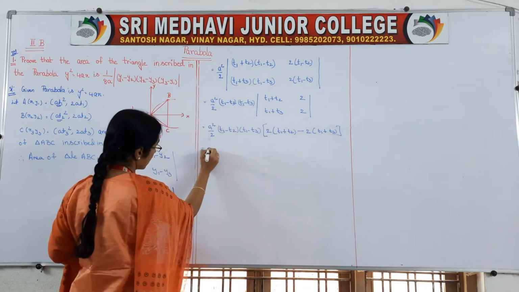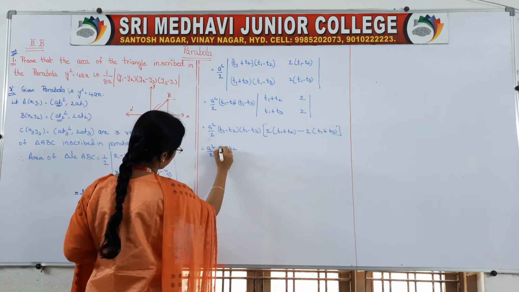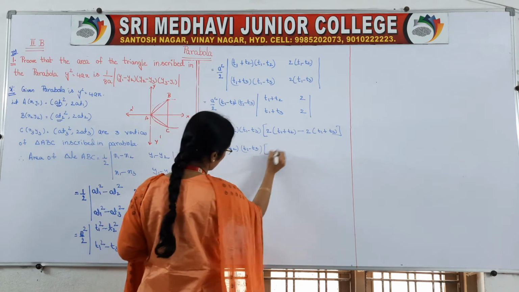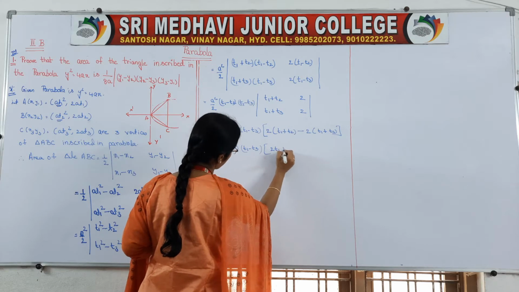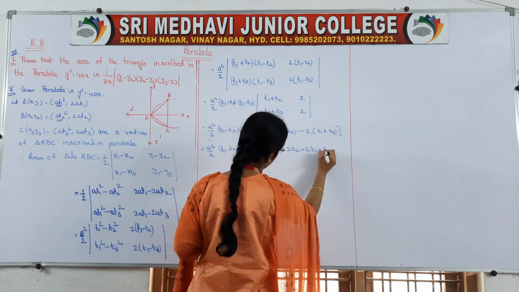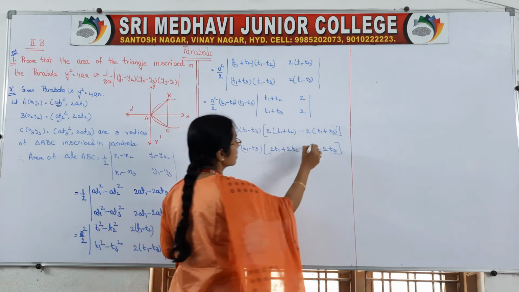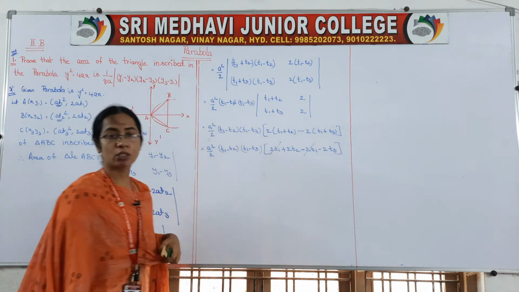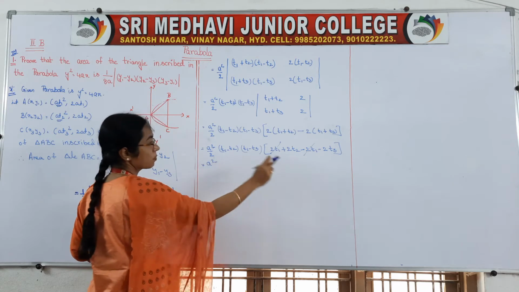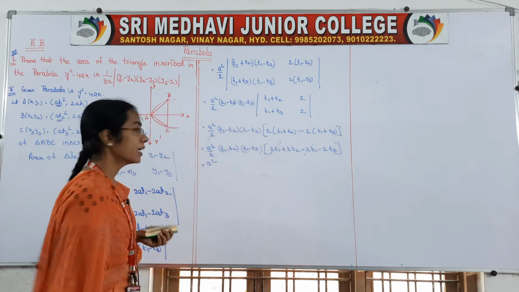Okay, so is equal to a square by 2 t1 minus t2 t1 minus t3 into, open the brackets, 2t1 plus 2t2 minus 2t1 minus 2t3. Okay, so come on, this is 2t1 minus 2t1, and 2 is common, I will explain how it will cancel. 2 is common and here by 2 is there, both will get cancelled.